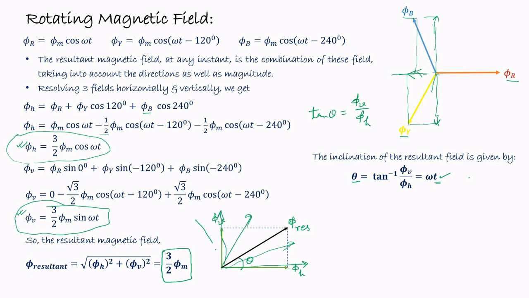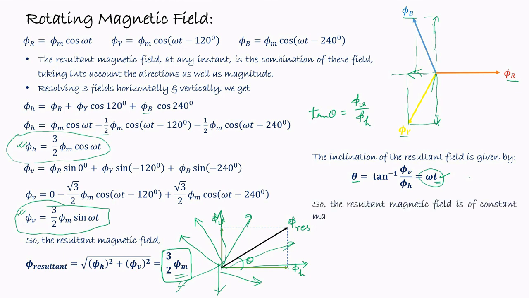So the position of the resultant flux will change periodically with a constant deflection, and this is considered as the rotating magnetic field. Here we can see that the resultant flux has a constant magnitude, that is 3 by 2 of phi max. It is a constant value, and its position is continuously changing with respect to time.